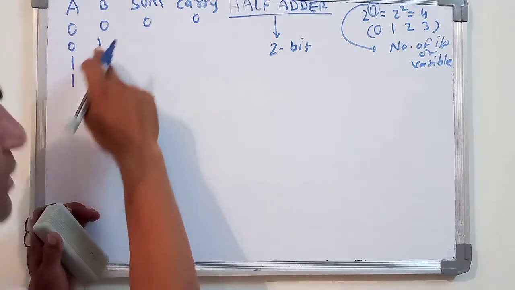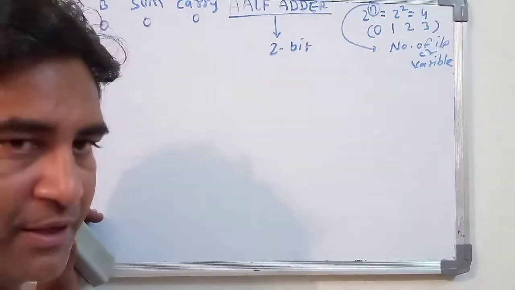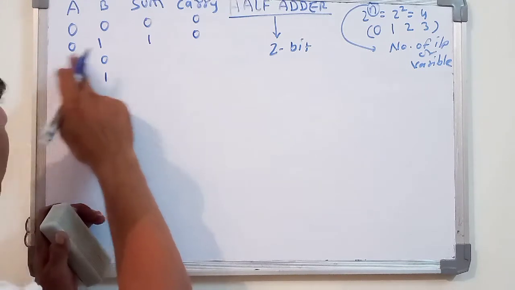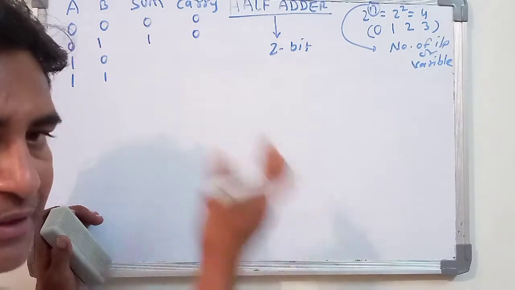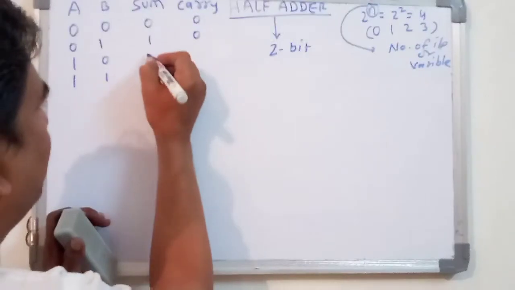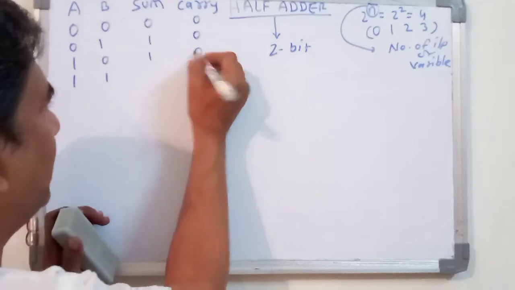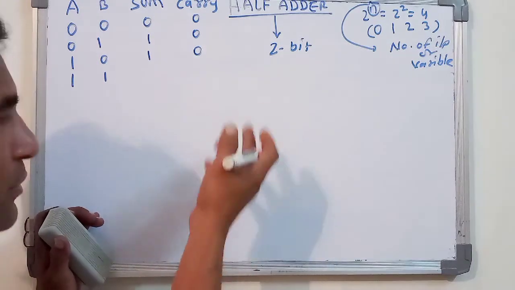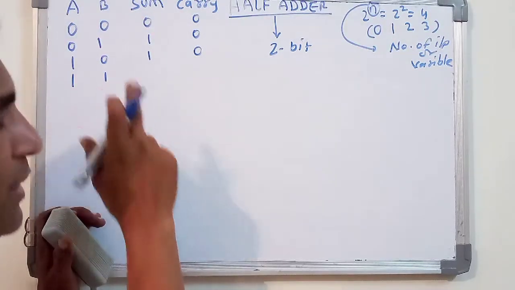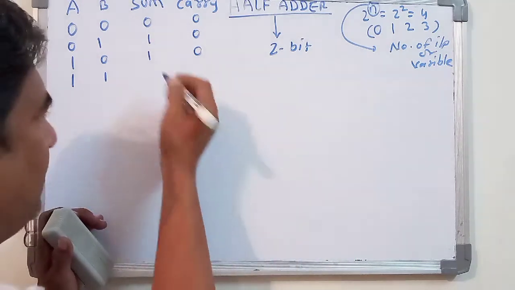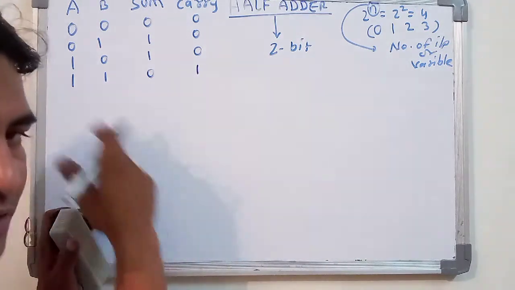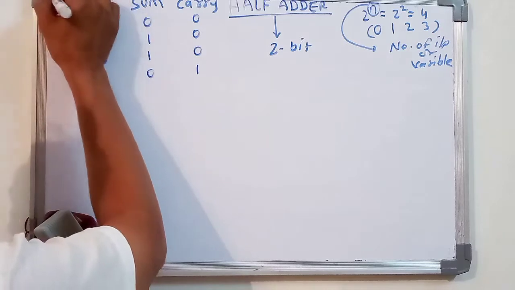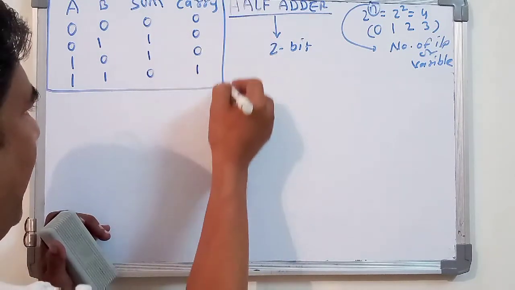Then 0 plus 1, the sum will be 1 but the carry is not generated, so you write carry as 0. Then 1 plus 0, again the sum is 1 and the carry is not generated, so it is 0. Then 1 plus 1, as I told you previously, you get the sum as 0 and carry as 1. How it occurs, we have studied previously. So it is the table for the half adder.